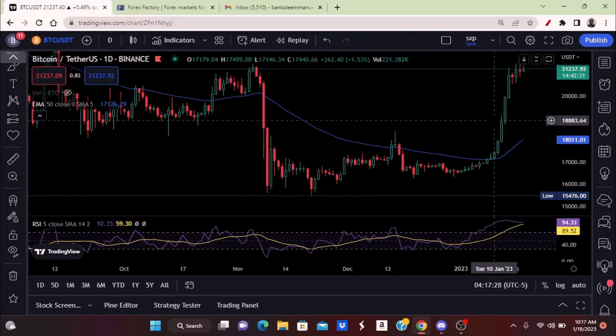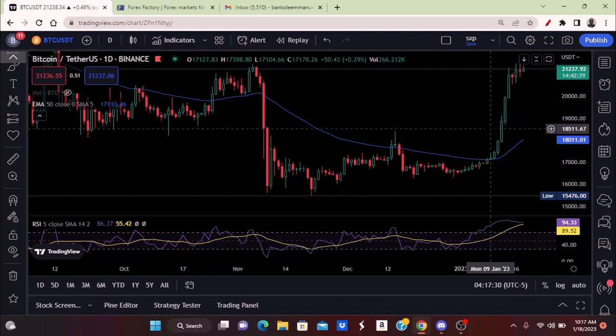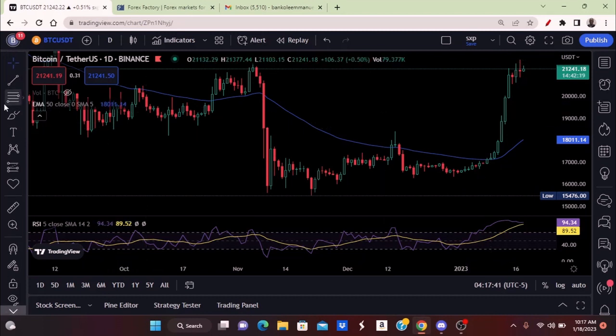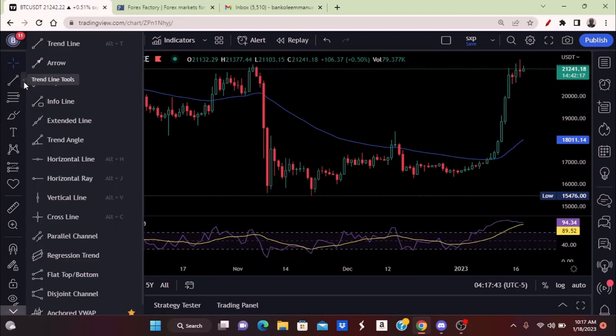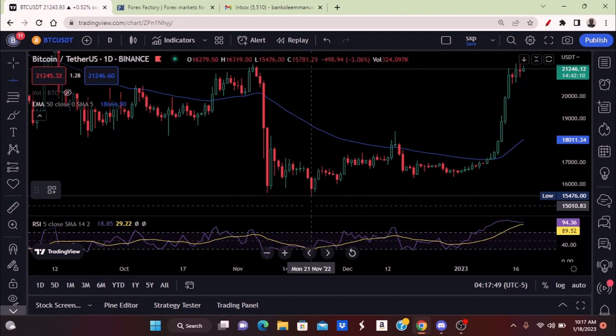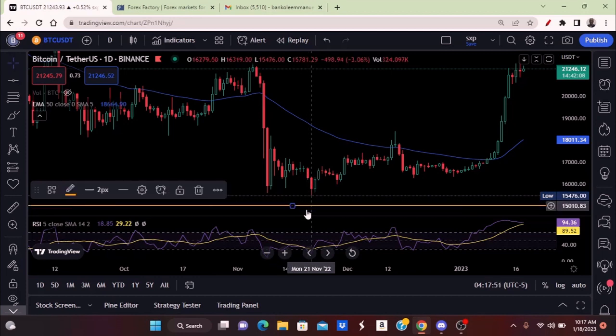So for us that want to trade with the institution, we want to mark out our institutional psychological levels. Before we go into the trade, that is the first thing we want to do. So we come to our trade line and select the horizontal line, and we're going to start from 15,000.